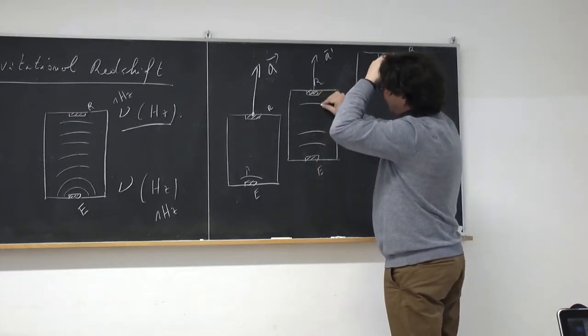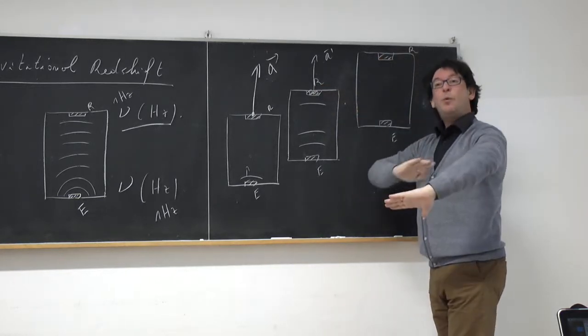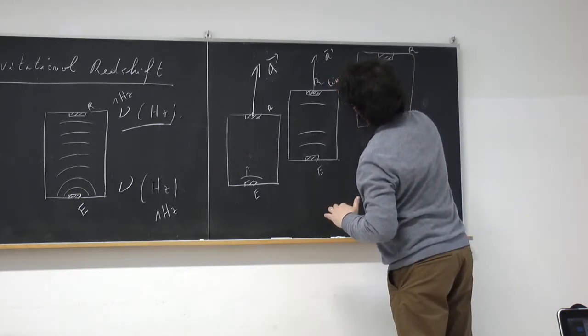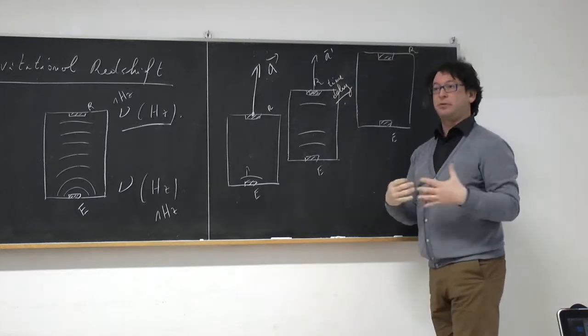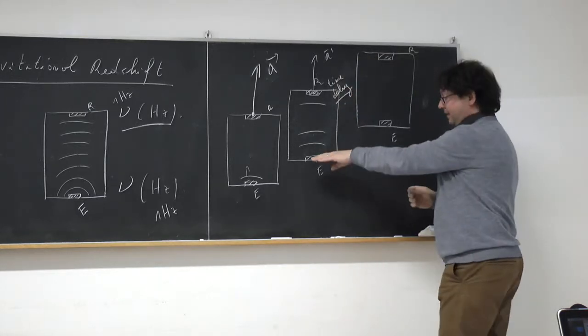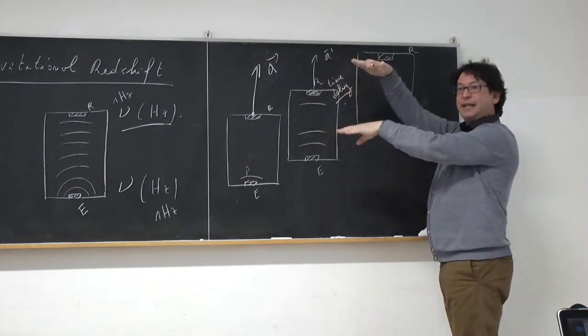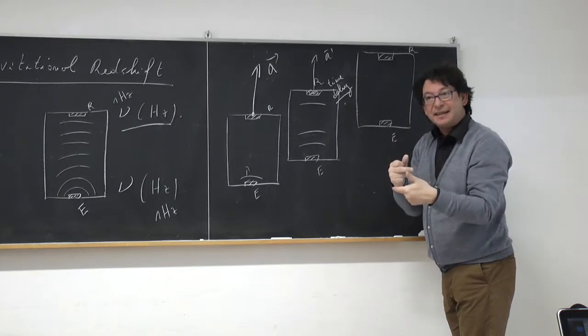The receiver will receive the wavefronts with a delay. There is a time delay here. If the wavefront is traveling upwards and this one is escaping, it will get to the receiver, of course, but with a delay.